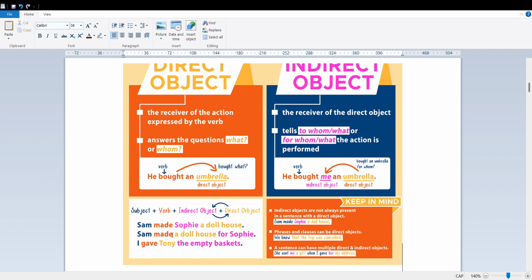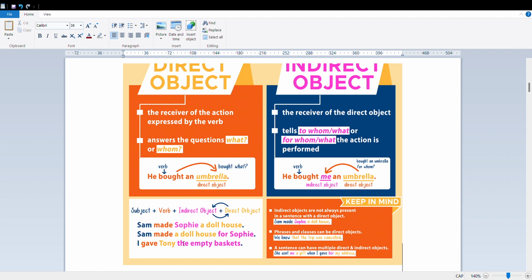Made is the verb. Which is the indirect object? The indirect object is Sophie, because she is receiving the action that is expressed by the verb. So Sophie will be our indirect object. A doll house will be the direct object.